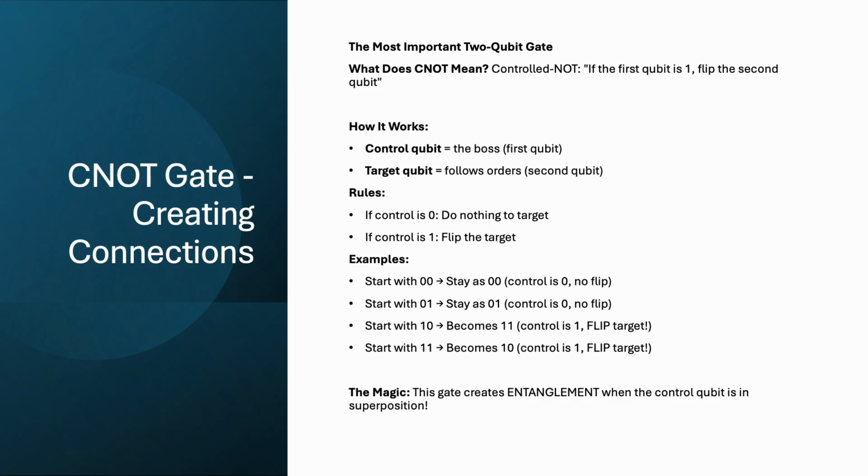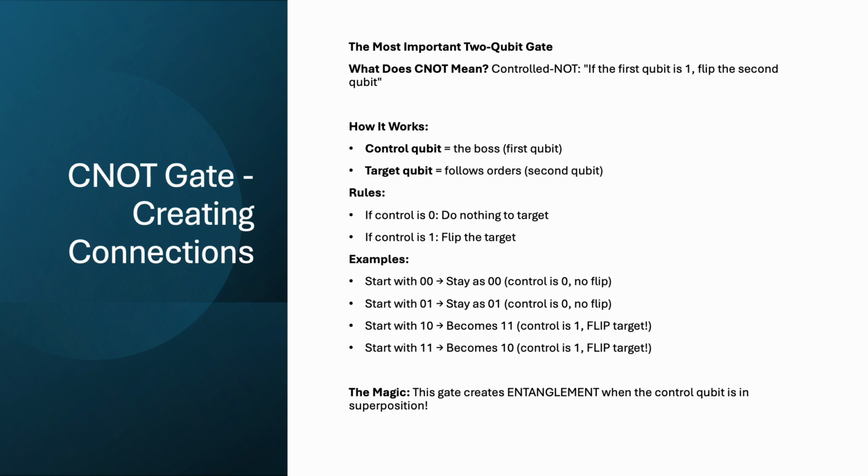If the control qubit is 0, do nothing to the target. If the control qubit is 1, flip the target qubit. While this might sound straightforward, the CNOT gate is absolutely crucial because it is the primary tool for creating entanglement between qubits.